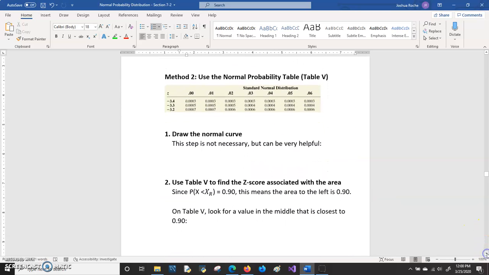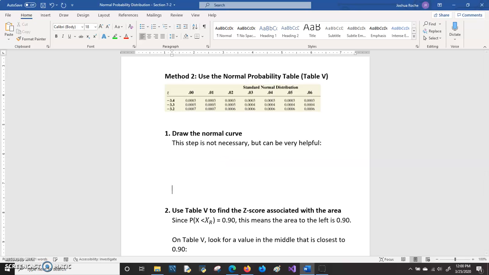Another way to solve this problem is to use the probability table. Draw the curve.